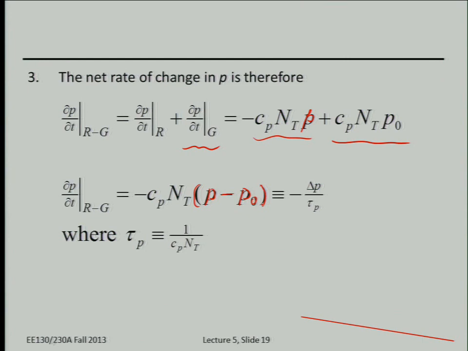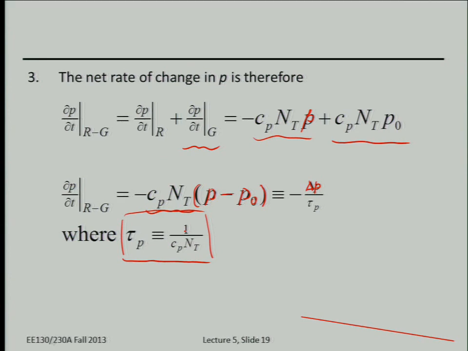So it's proportional to the disturbed concentration that we introduced by heating or shining some light on those semiconductors, multiplied by those coefficients. For intuitive purposes, we define an equivalent parameter tau p, defined as 1 over those coefficients here. That would just make things easier.